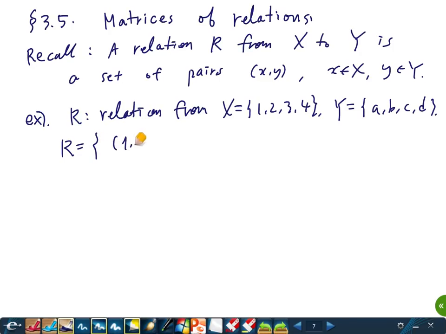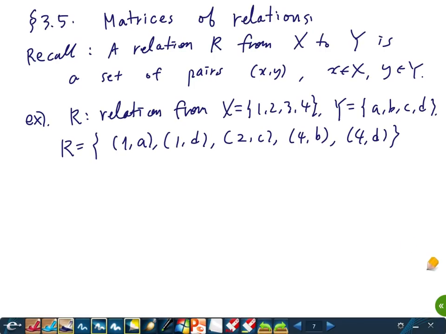I'm just collecting some of the pairs, like this: (2, C), (4, D). Any collection would be a relation. All right? I want this to be B. Okay, so a relation is just a collection of pairs.